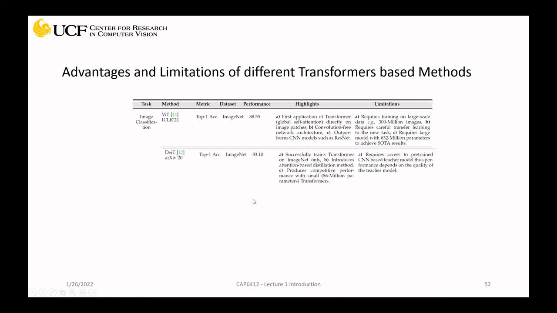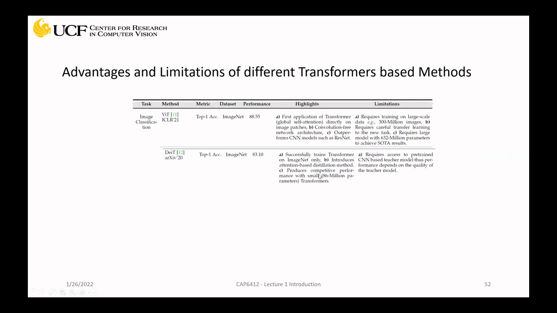Then the DeiT gets you a little less, 83.1, also on ImageNet, but training is on ImageNet, doesn't need very large data set, 300 million.